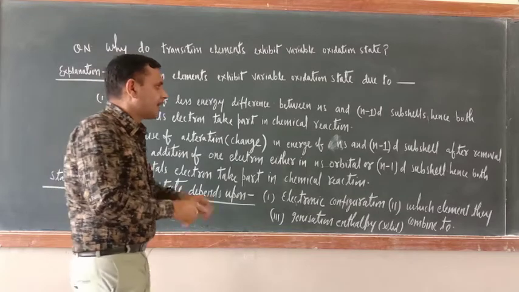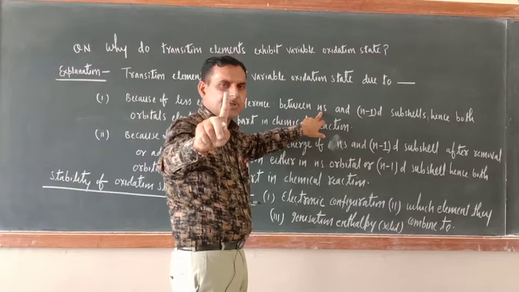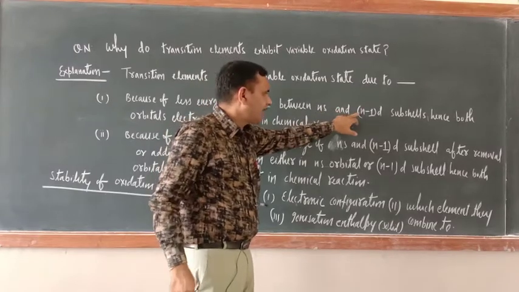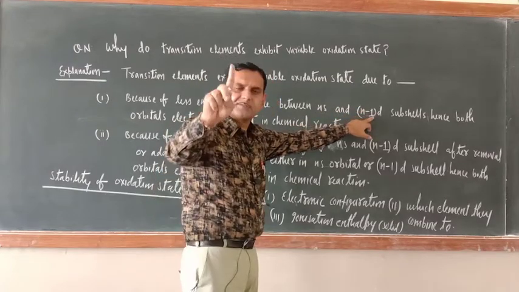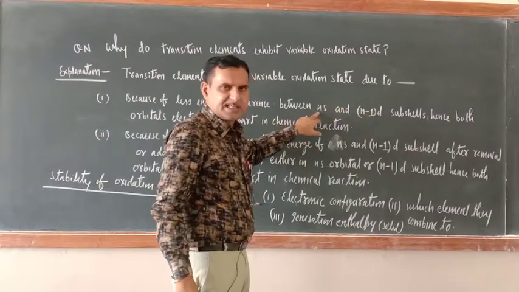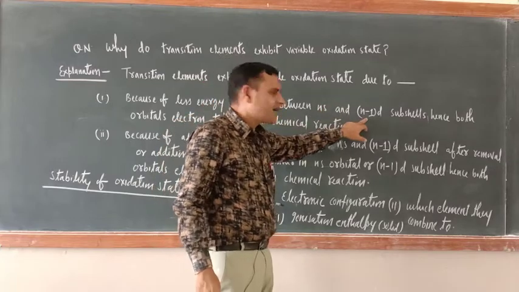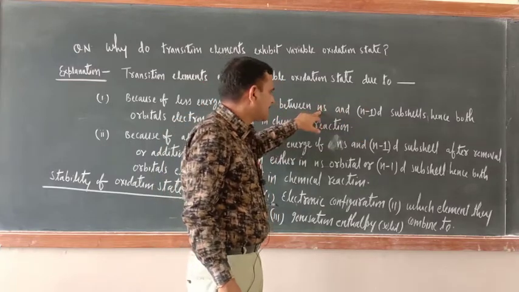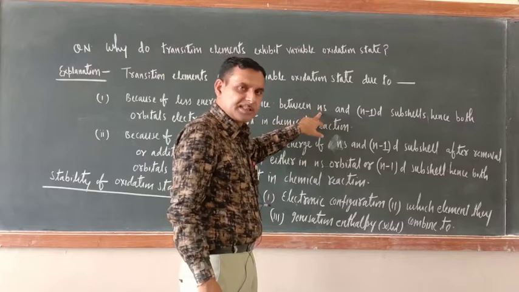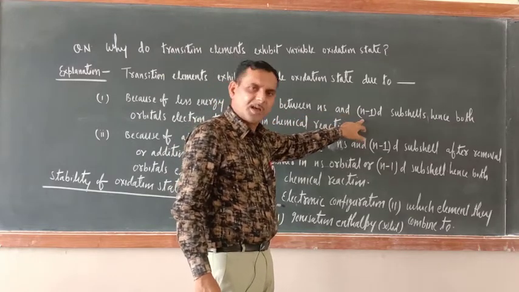So just see here, ns means, if it is first transition series, the 4s, and n-1d means 3d. Now suppose second transition series is there, so here ns means 5s and here 4d. If third transition series is there, then 6s 5d. Correct or not? Like that.